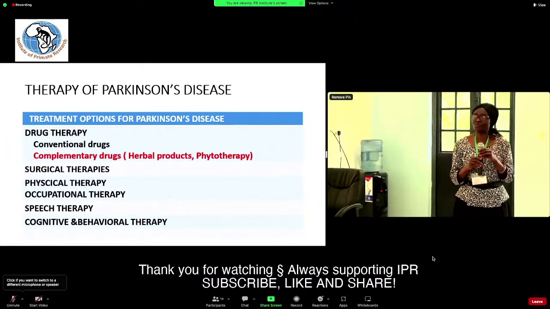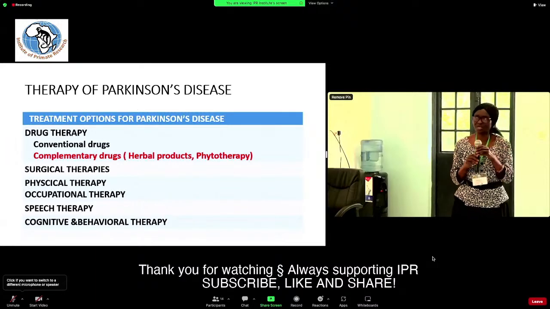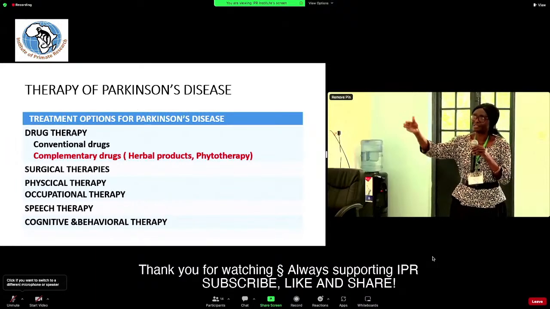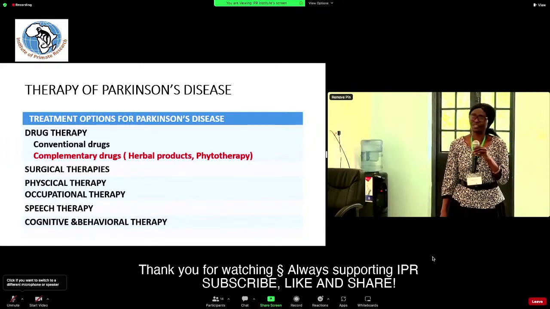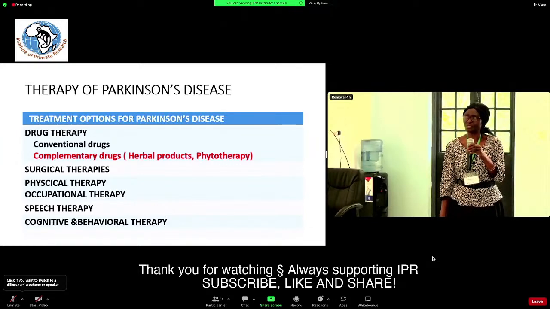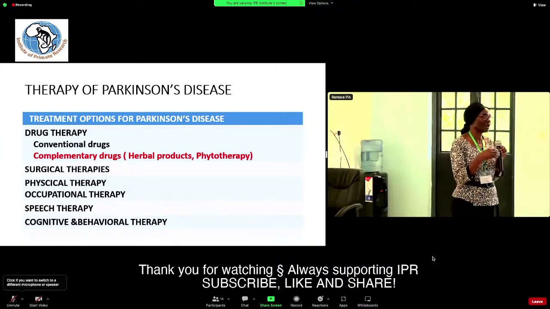Then we have the complementary drugs, which are highlighted in red because that is what I'm going to look at in this lecture. Then, of course, the other interventions like surgical therapies, physical therapies, occupational therapy, speech therapy, and others which are not listed that have their own place in management of Parkinson's disease.